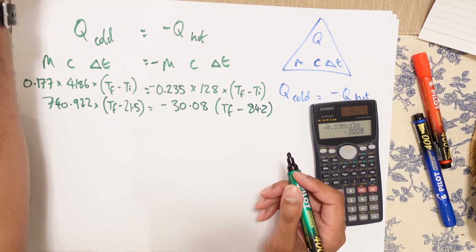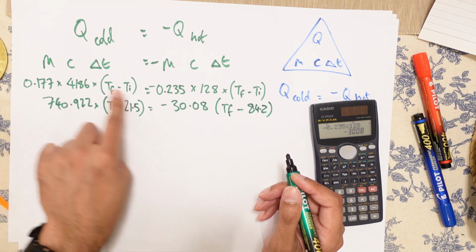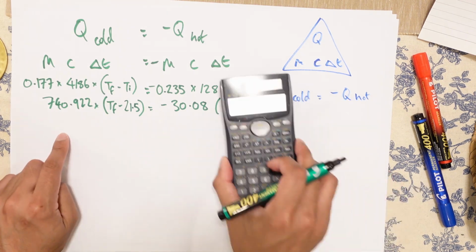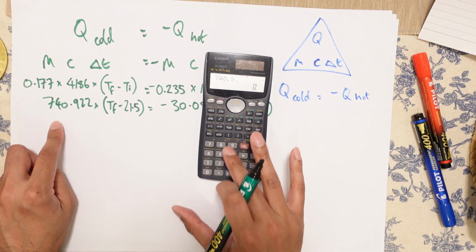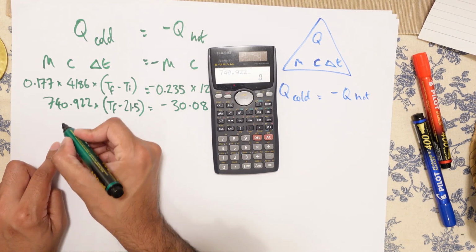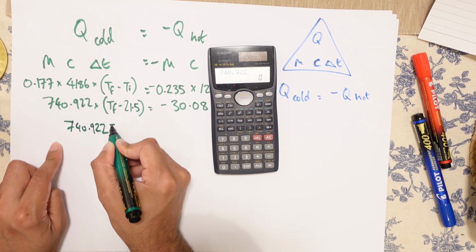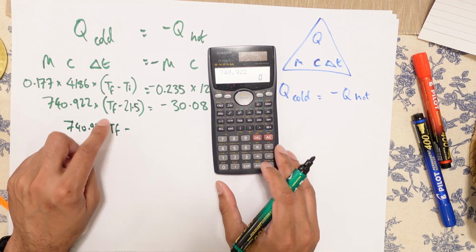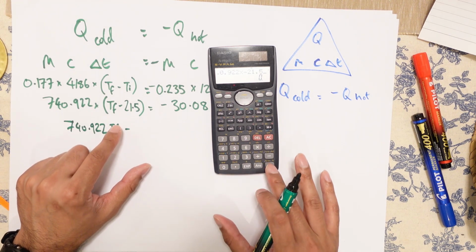Okay, our next thing is to multiply all of this out and all of this out. So we have 740.922 Tf minus 21.5.